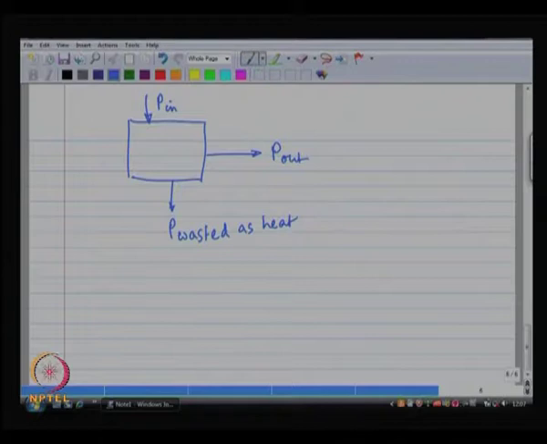There is nothing else in between going on. The law of conservation of energy holds everywhere. So, the waste power as heat plus the output power should be equal to the input power, right. Traditional network theory, the law of conservation of energy tells us all this.